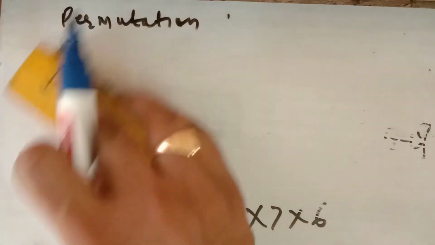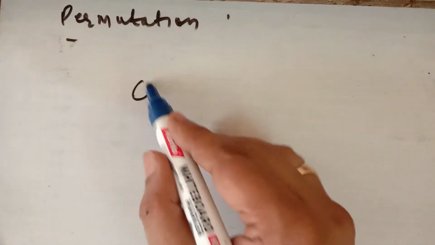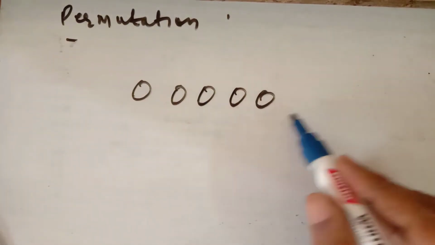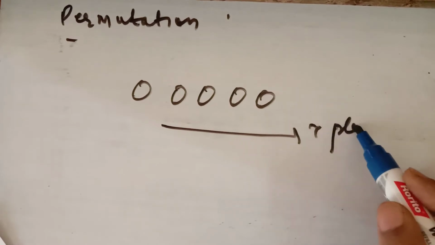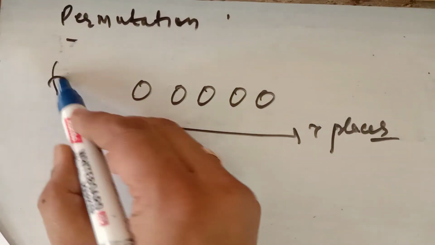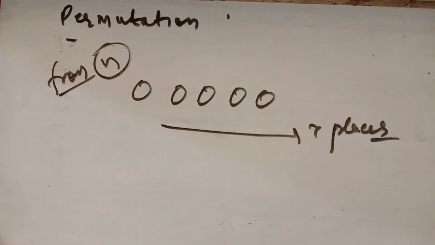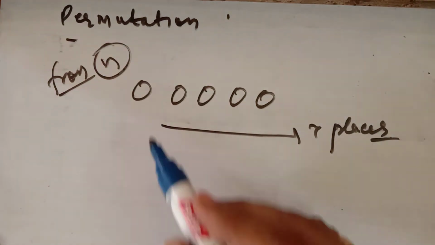Now how can we derive the formula for this permutation of n objects taking r at a time? Now there will be as many permutations as there are ways of filling in r vacant places. Suppose we have r vacant places, and we have to arrange from n objects or n students. So the first place can be filled in n ways.